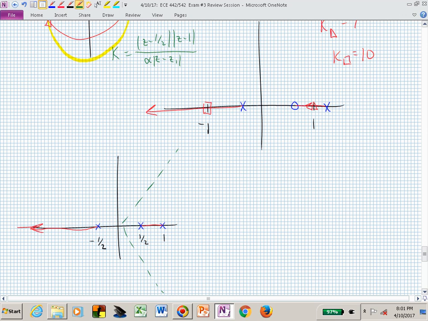In this case, we have our fundamental angle measured relative to the real line of 60 degrees. Well, we have another one going off at 180, so we know that these wedges are 120 degrees apart, or these asymptotes. We obviously are going to break away between 1/2 and 1, and this one's going to go here. Whoops, I wanted that to be red. This will go here, and that will go there.